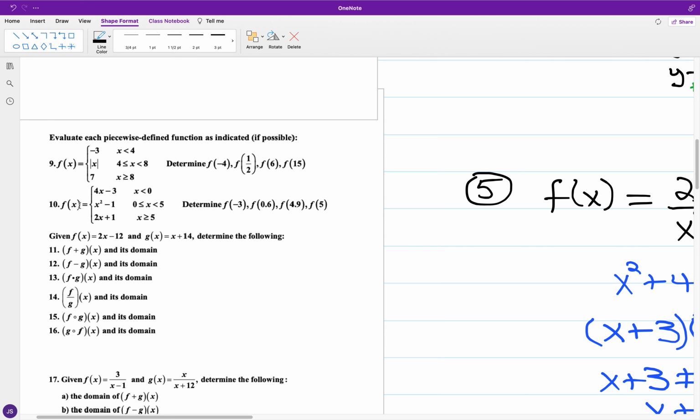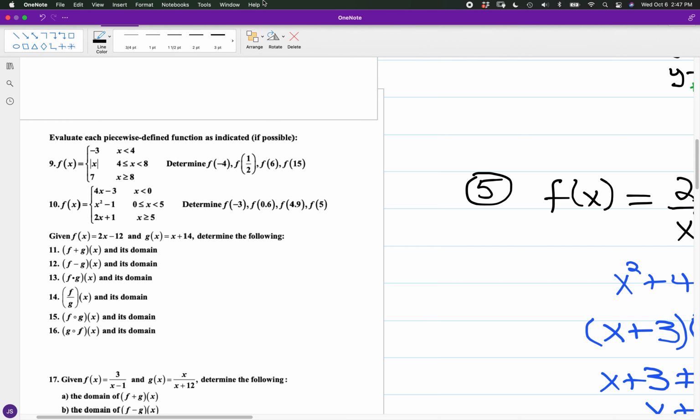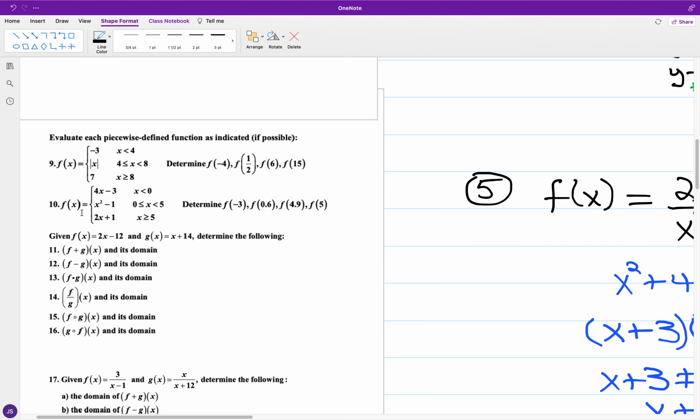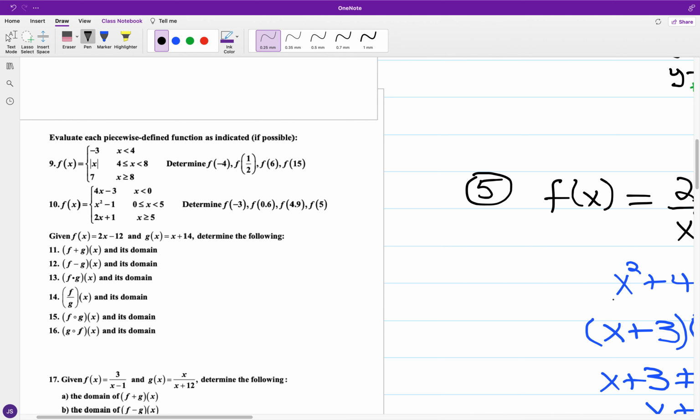So you've got f of x is equal to 4x minus 3 if x is less than 0, and we have f of x is equal to the quadratic expression x squared minus 1 if 0 is less than or equal to x, in turn is less than 5. And then at the upper end, we have that f of x is equal to 2x plus 1 if x is greater than or equal to 5.